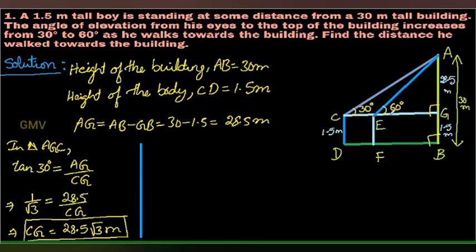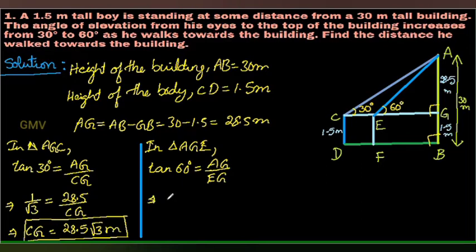So opposite is there. We have to find out adjacent, means we have to select tan. So tan 60 degree. So in triangle AGE, tan 60 degree is equal to opposite AG by EG, adjacent.